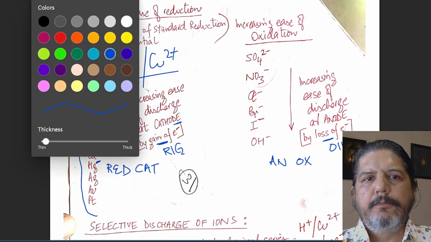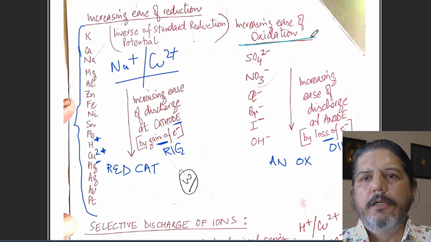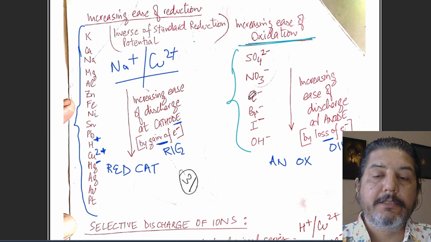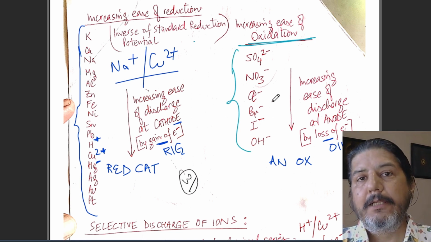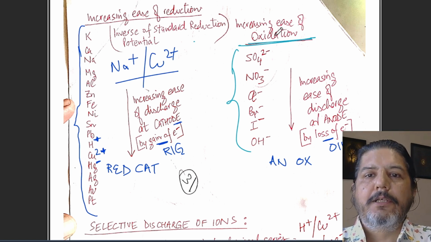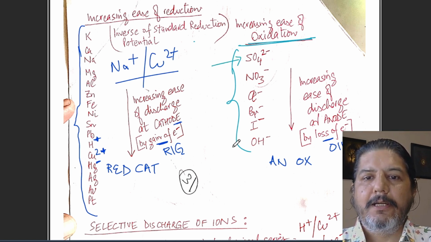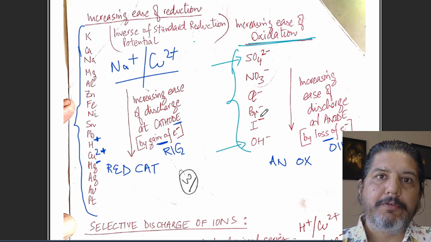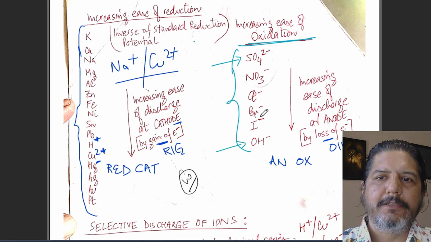Then if you see, in electrolysis you will get anions like these. When you have anions like these, which will get discharged preferably? For example, let us say there is a competition between sulfate ion and hydroxide ion. Which will get preference to get discharged easily?